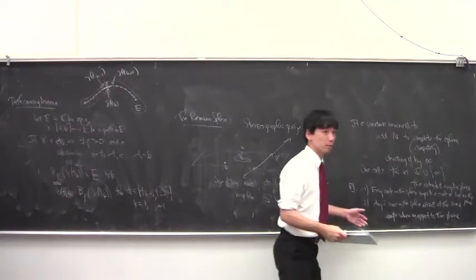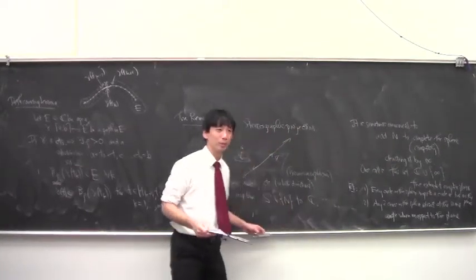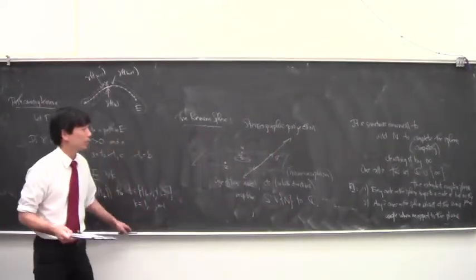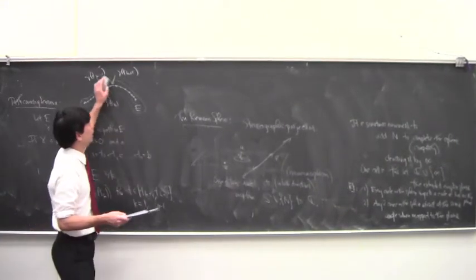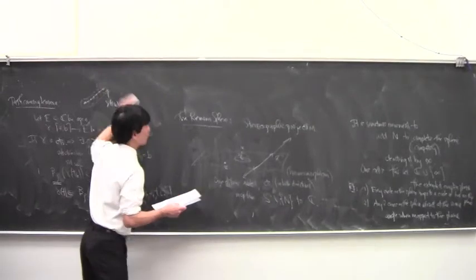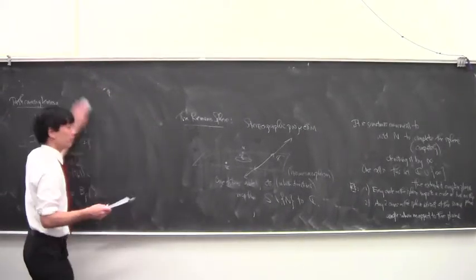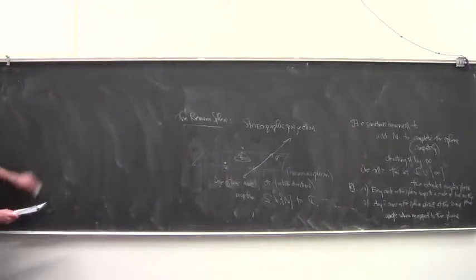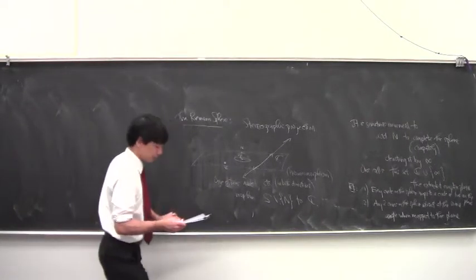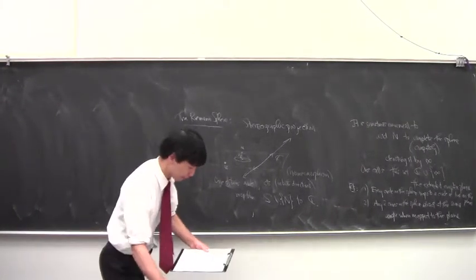That's to say, this is what's called a conformal map. We'll see more of conformal maps later, but this map preserves angles. Again, we'll see more of this later.